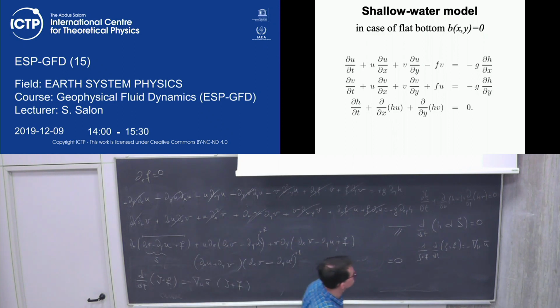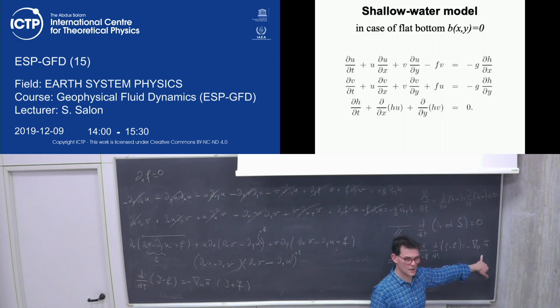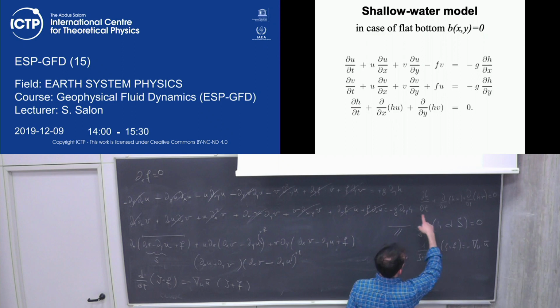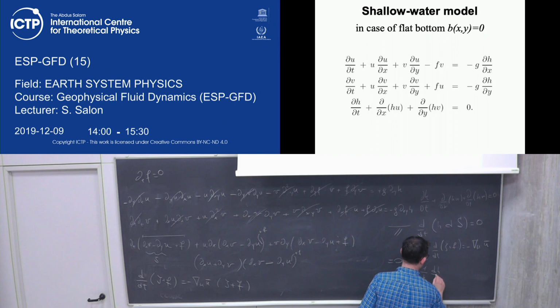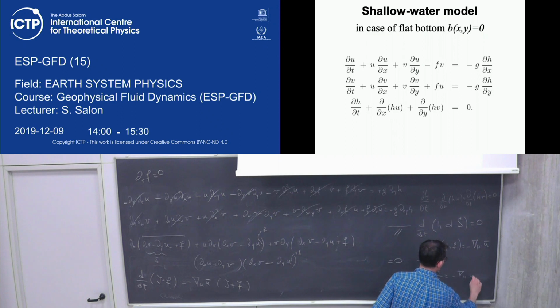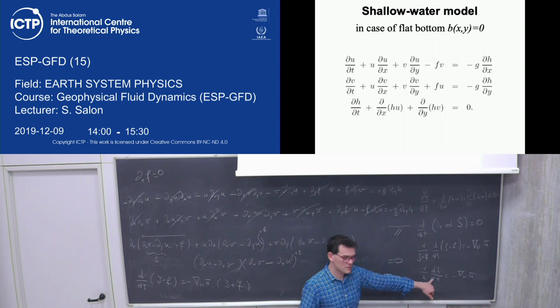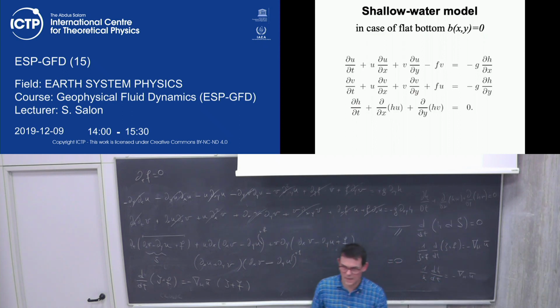The total vorticity is related to the horizontal divergence. So exactly how this equation here told us that the variation in time of the height of the fluid column is equal to the horizontal convergence or divergence, we are having a similar equation for the total vorticity.